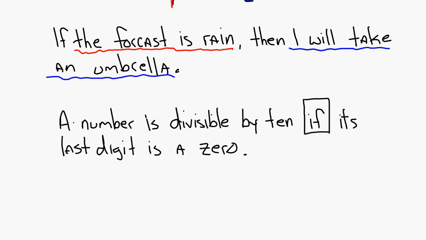The hypothesis would be a number's last digit is 0. The conclusion would be that it is divisible by 10.